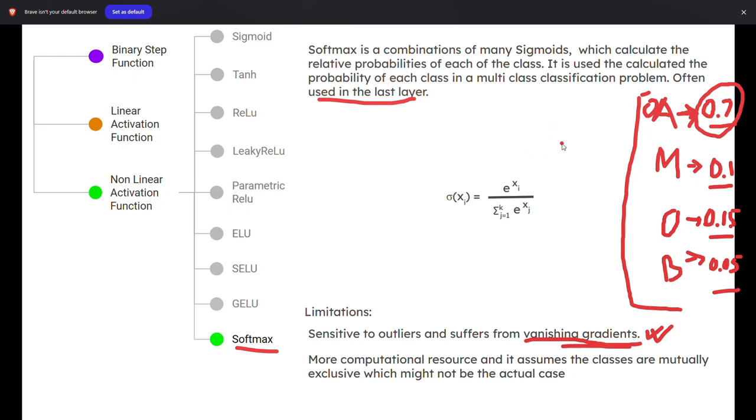If there is an unknown object, say pineapple, which has not been trained, it will still classify pineapple among these classes, which is going to be wrong. That is what is meant by mutual exclusivity not necessarily holding in actual cases.